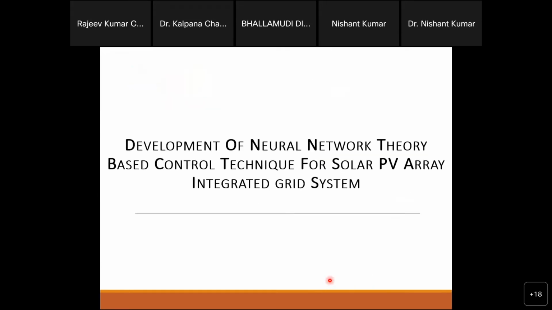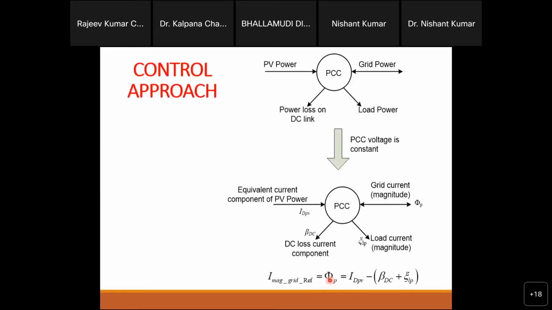Okay, so in this entire system, the bigger problem is this one, the load side. As I told, whatever power we are going to generate and feed into the grid, this is not only active power, right?